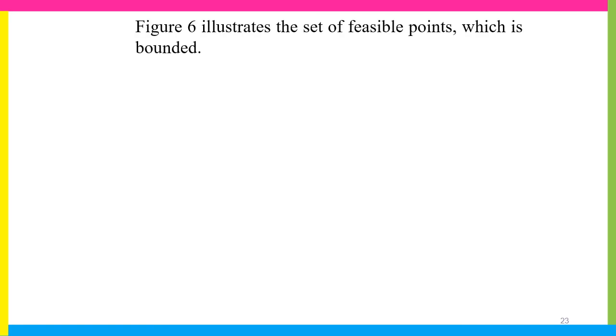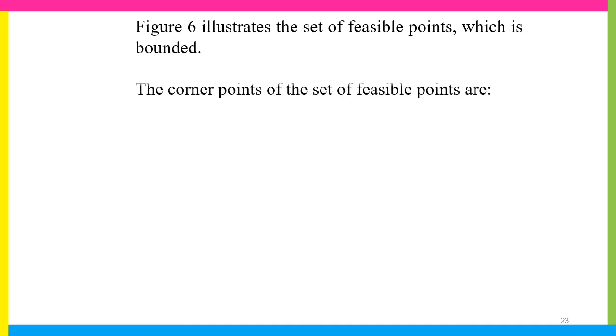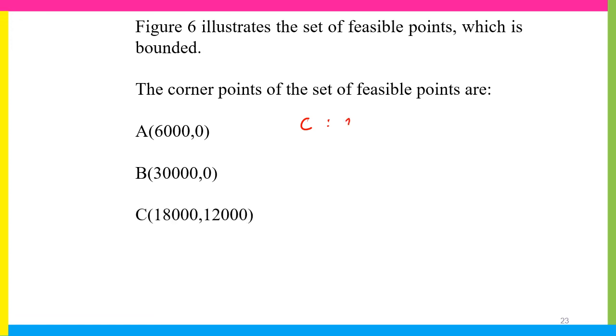Okay, so what are the points that satisfy the feasible region? So we have A, B, C, D. Directly for A, we have 6,000, 0 and B, 30,000, 0. But for C, it's the intersection between X plus Y equal to 30,000 and Y equal to 12,000.